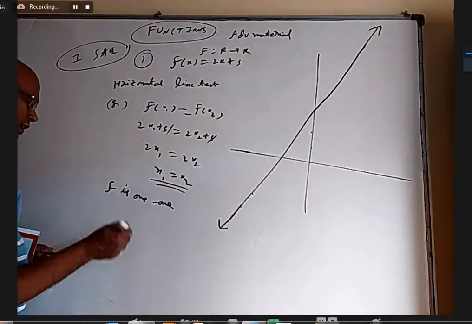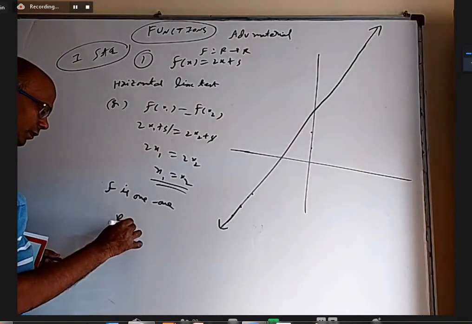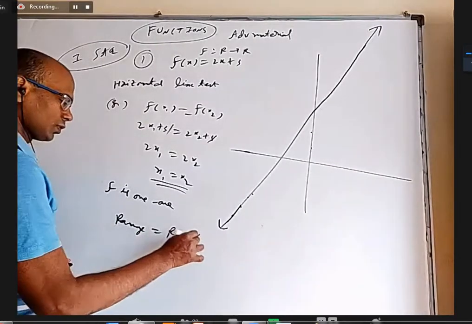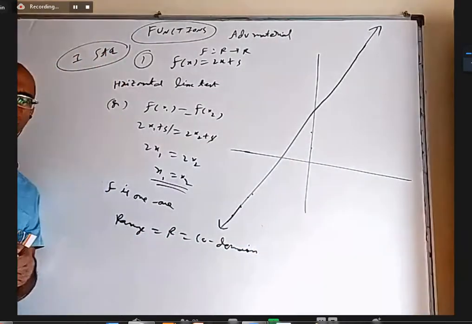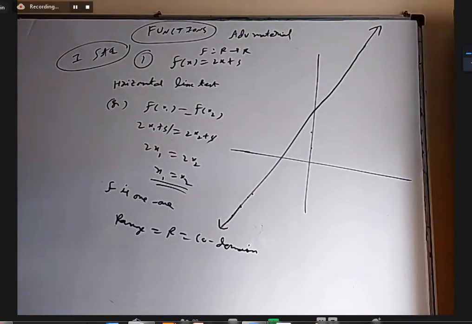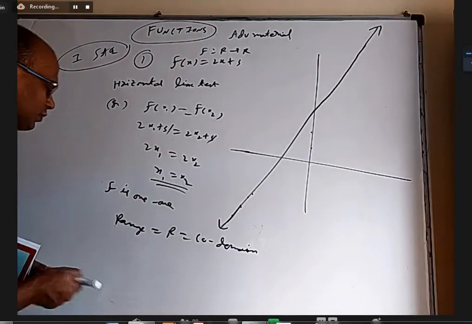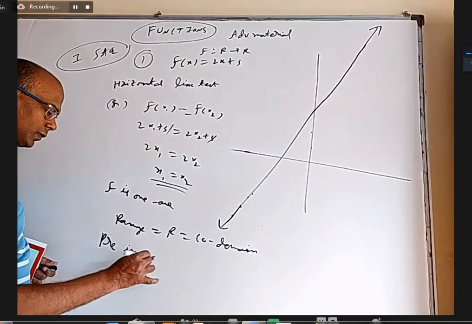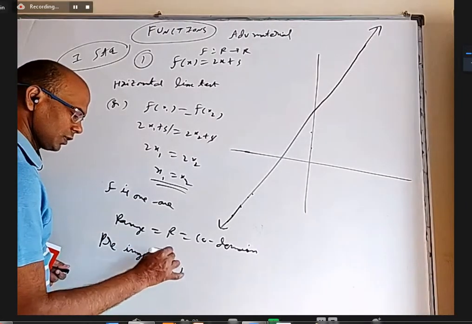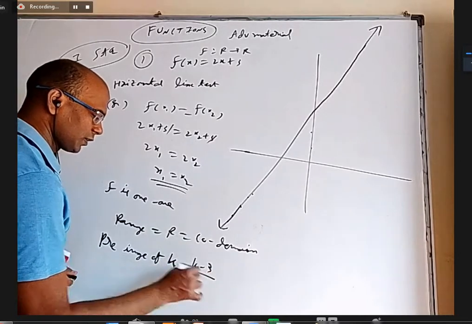Okay, and the range is all real numbers, which is equal to the codomain. In fact, for every number, a pre-image is there. If somebody wants a pre-image of k, it is k minus 3 by 2.